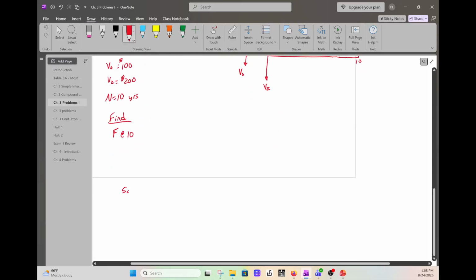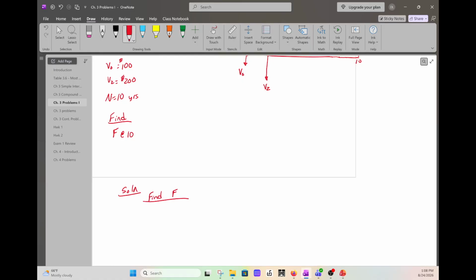So solution. Find F. All right. So what we're going to be using is find F given P with the interest rate to N. Okay. So this is going to be split up into two components. So we have V naught, future value equation is where?